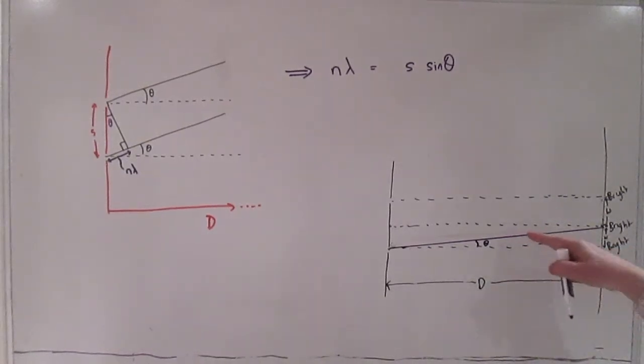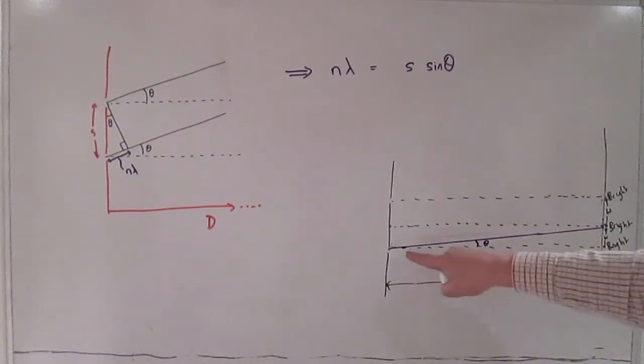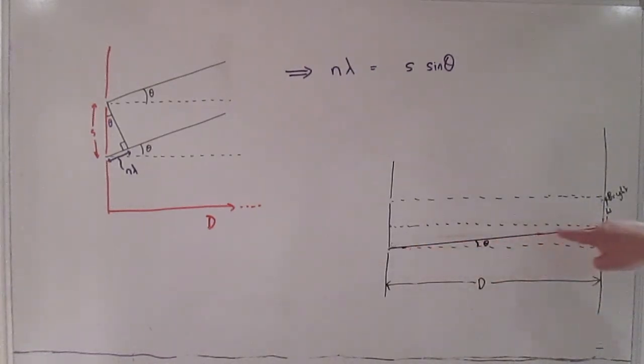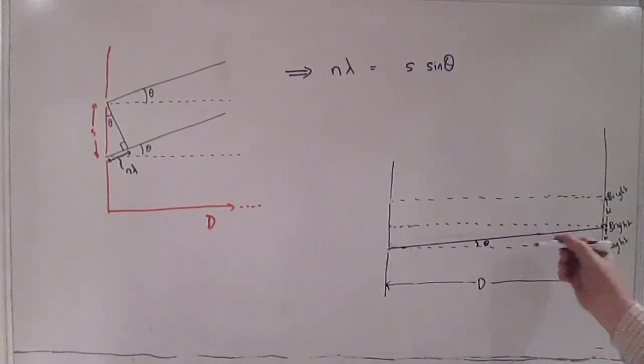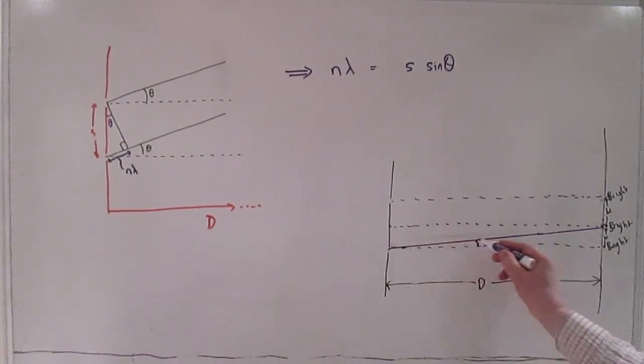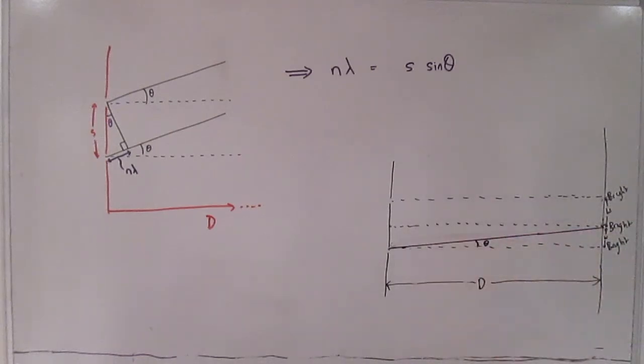So for example, if theta is 5 degrees, then cosine of 5 degrees is 0.996, which means that d divided by that length is 0.996, so they're actually very close to being identical. So to a good approximation, we can say that this length is near as damn it d.